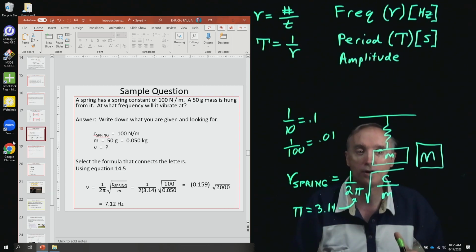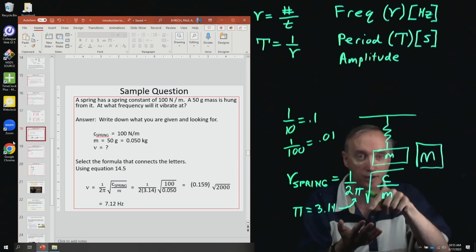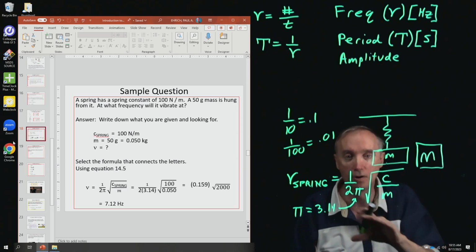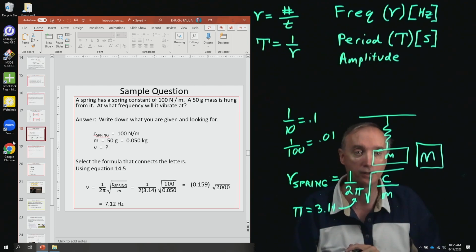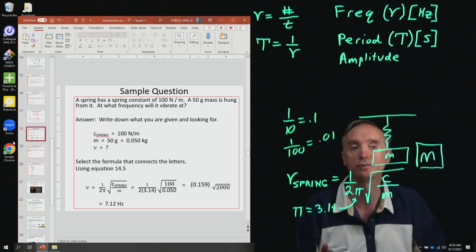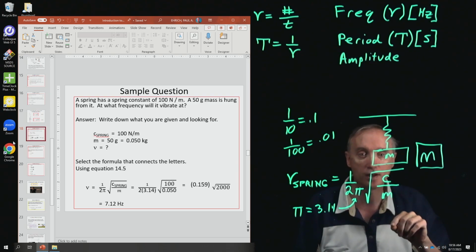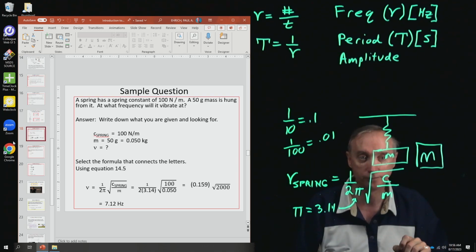Now, it's incredibly important that you use the correct order of operations with your calculator. Do not try to do it all at once on your calculator. Okay, break it up into bite-sized pieces. So, for example, the first thing that I would do on my calculator is 2 times 3.14.